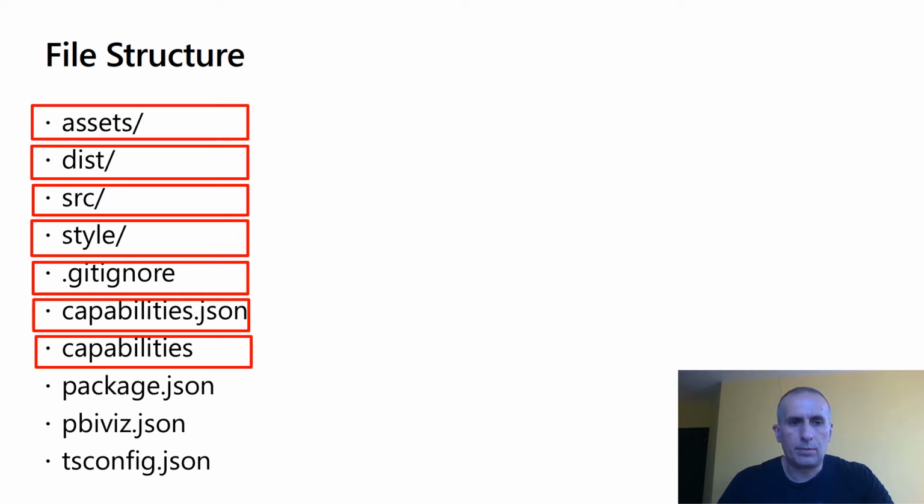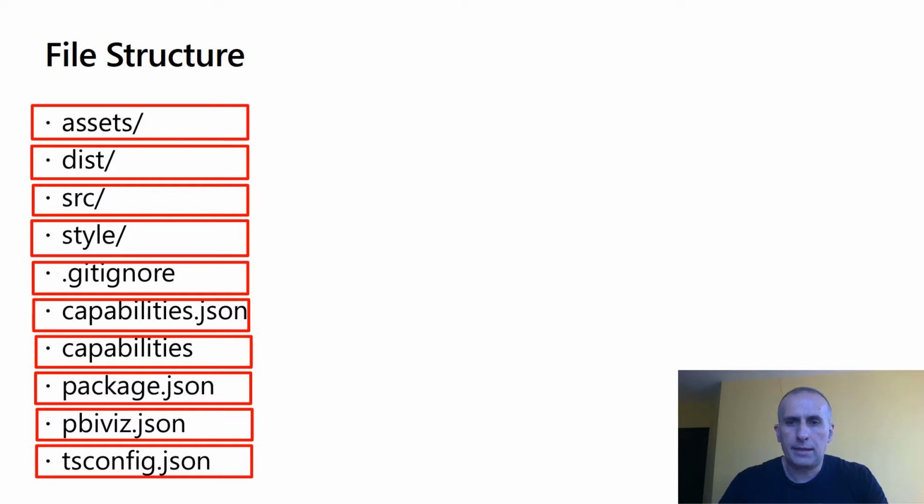It is also possible to consider package.json. Package.json is needed to have configuration for your packages which will be created for distribution. pbiviz.json is used for the description of your component, which will be used as metadata when you publish your component, and tsconfig is used for the main configuration, which is very important for your TypeScript compiler.